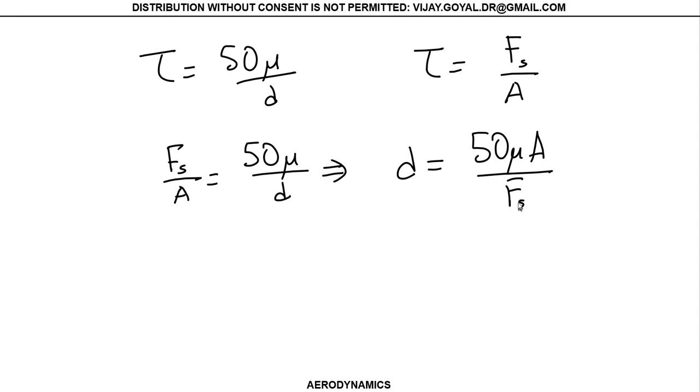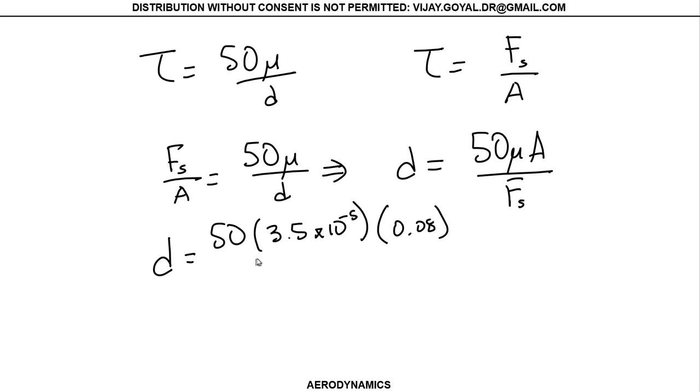Okay, so if I replace all the values that were given in the problem, my mu was equal to 3.5 times 10 to the minus 5, my area was 0.08, my force was 1.2.